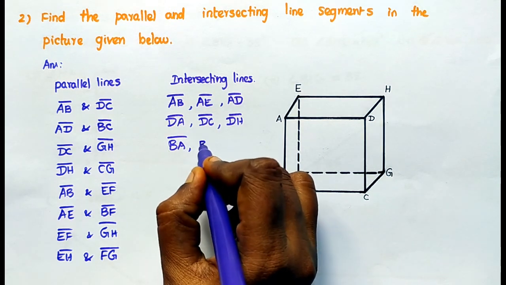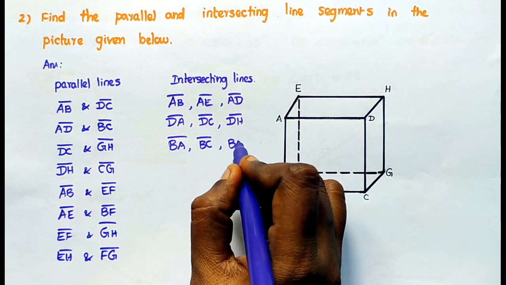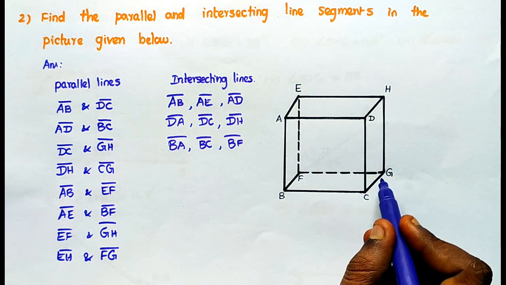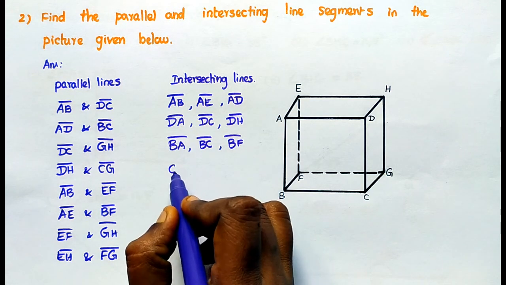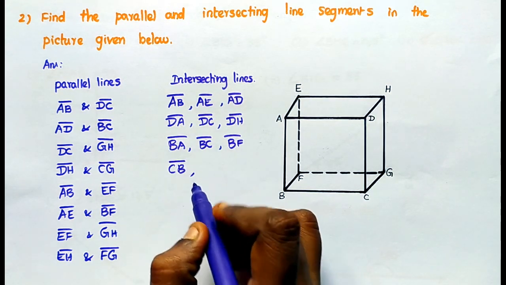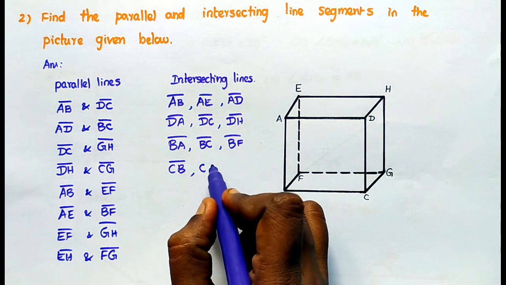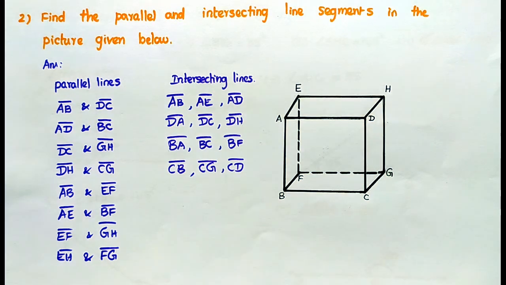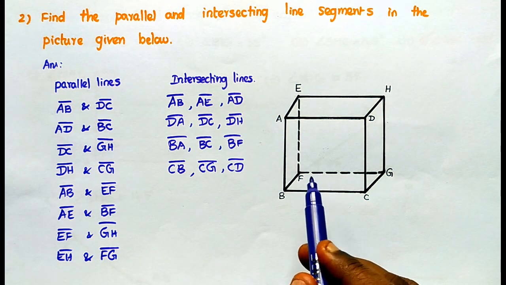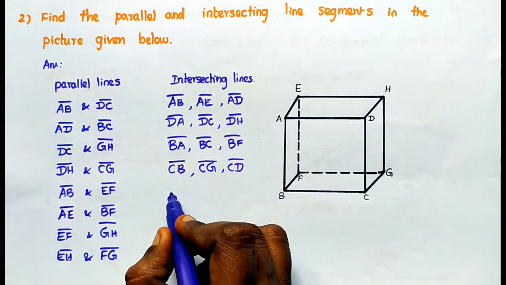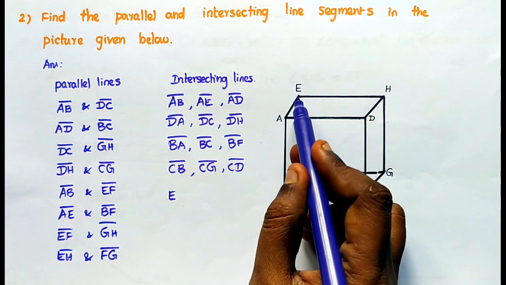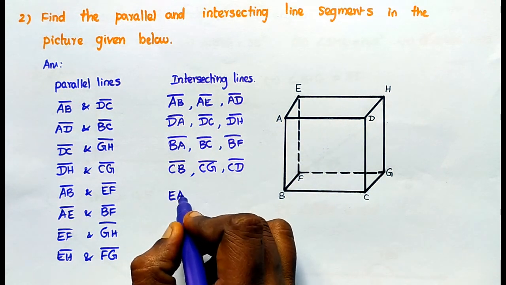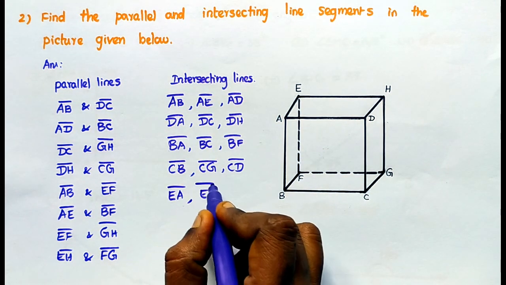Next, C: CB, CG and CD. And then E: EA, EH, EF.